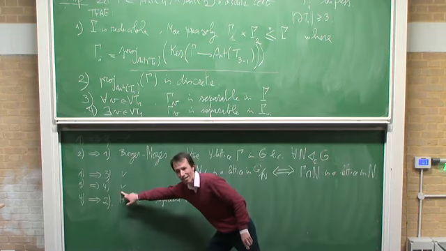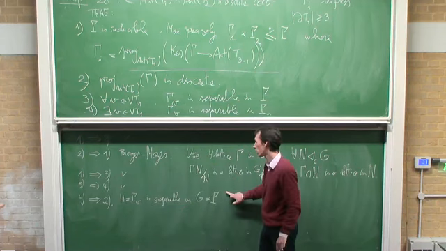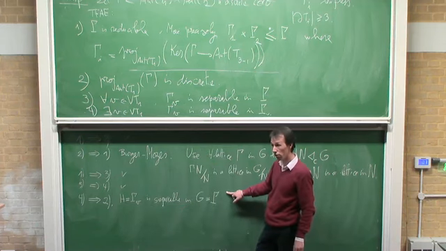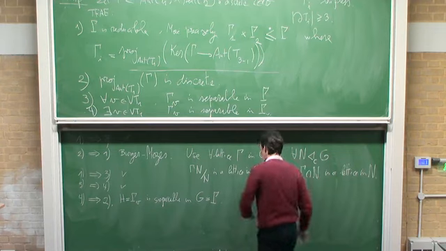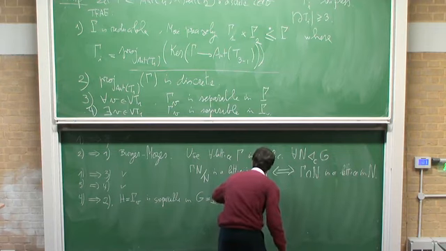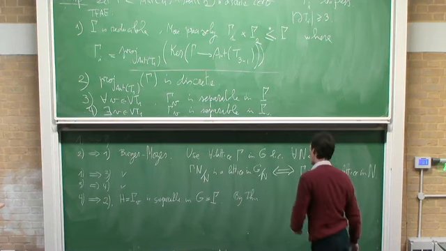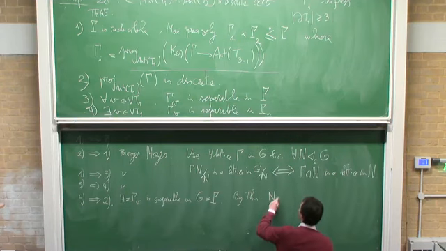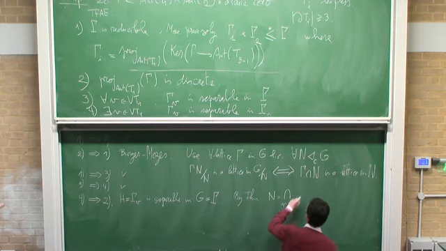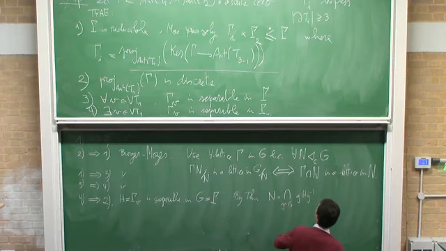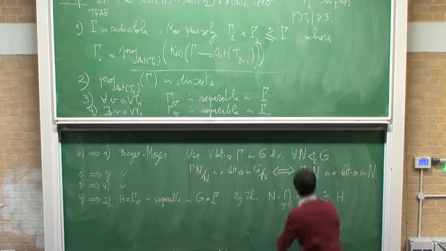And H is commensurated, as we observed last time. So we are in the situation of the theorem. So by the theorem, the normal core is of finite index in H.